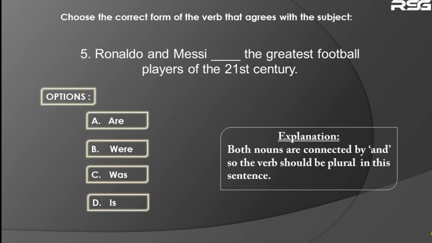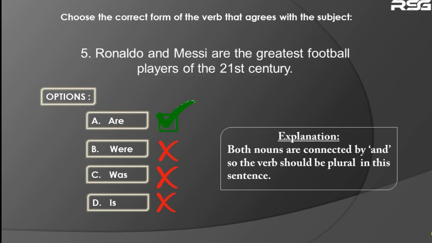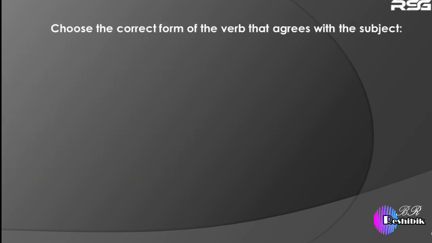We are talking about two nouns, Ronaldo and Messi, connected with a conjunction. So the verb should also be plural in this sentence, and the correct verb that we are going to use here is what? Are. So the sentence Ronaldo and Messi are the greatest football players of 21st century is your correct option.